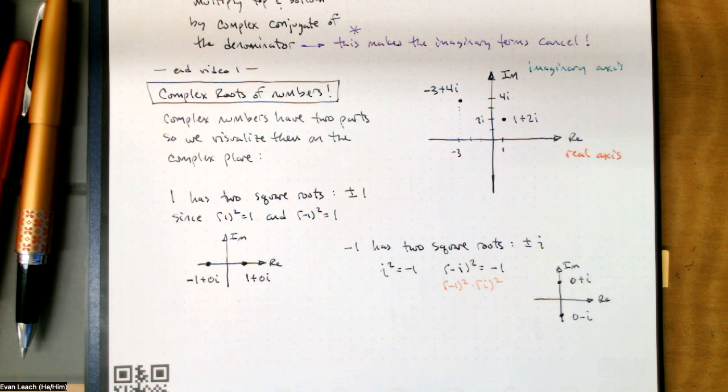The important thing here is that we have two square roots that we can plot on the complex plane.